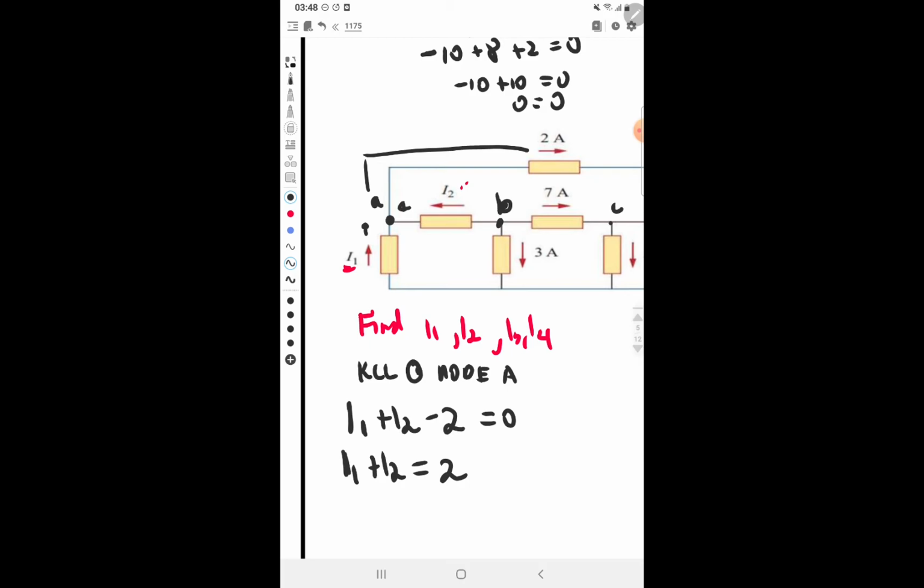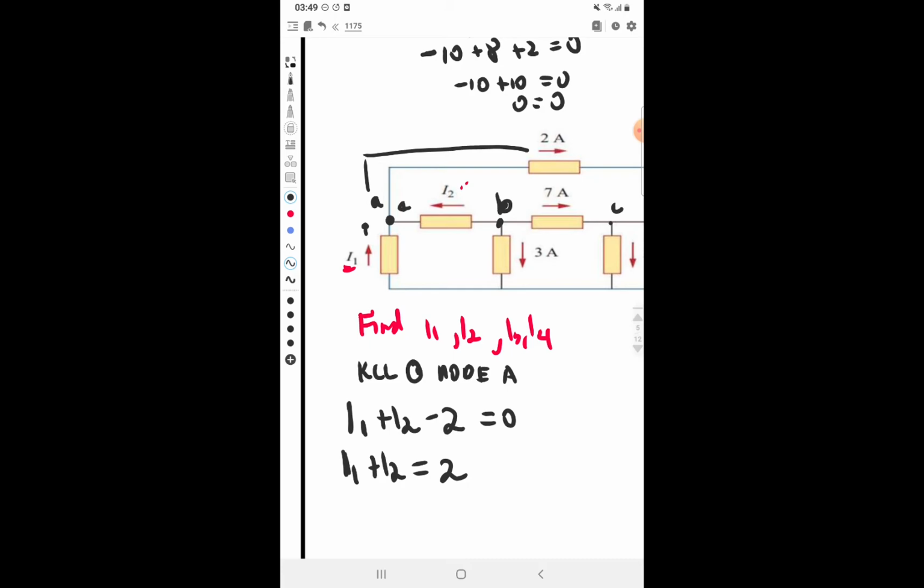Number 1 tip, pag mga ganitong hindi kayo yung naglagay ng sarili nyong current direction, tapos may nakalagay na current direction, wag nyong papalitan yung direction hanggang sa matapos yung calculation. Okay? Pag may negative, okay lang. As long as pag nag-summation ka sa isang node, let's say node A, is always equal to 0.